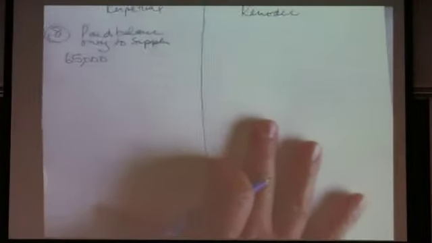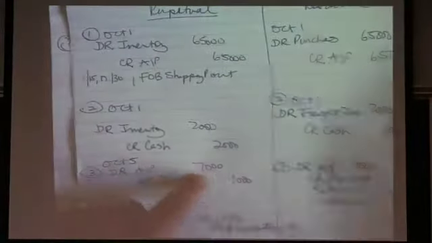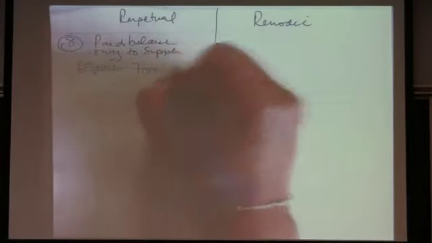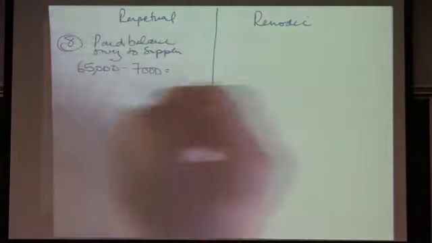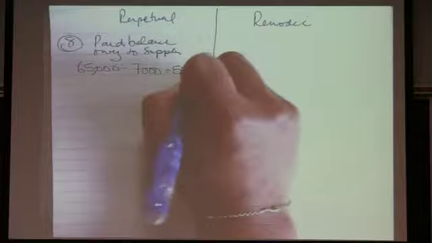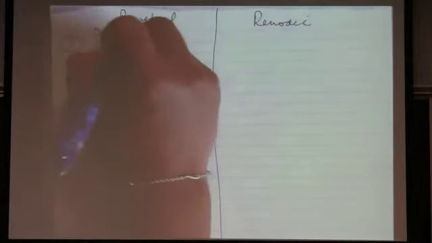Now, how much did they owe? Remember they originally purchased $65,000. And if you recall, we returned $7,000 worth of merchandise to give us the total of $58,000. Now, when was this transaction? This happens to be on October 14th.